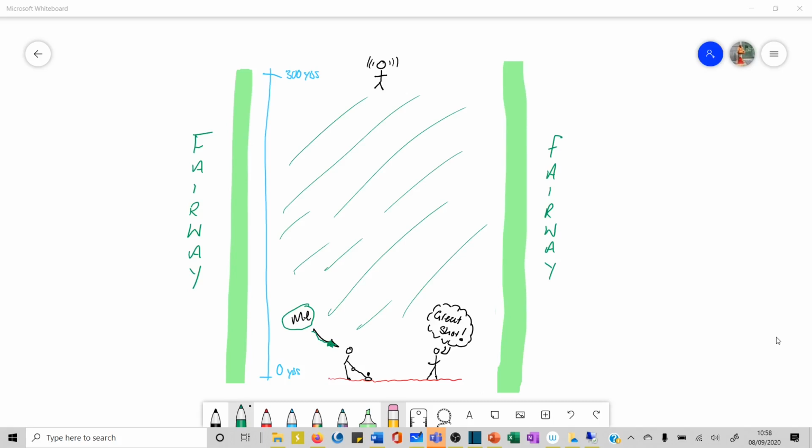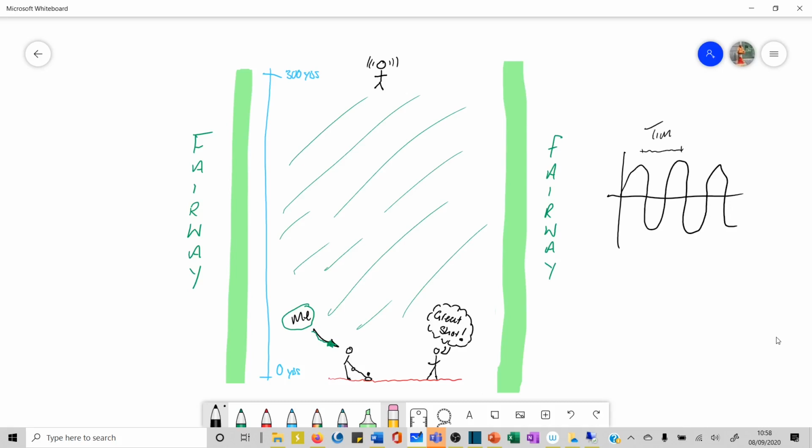Now, normally, as you should understand by now, you have a sound wave like this, and when I hit the ball, it might look like that. So we've got our peaks, our troughs, the distance between them being the wavelength, and then obviously we've got time, and the frequency, whether it's high pitched or low pitched, and all the usual things that come with a displacement wave and a pressure wave, which equals a sound wave.